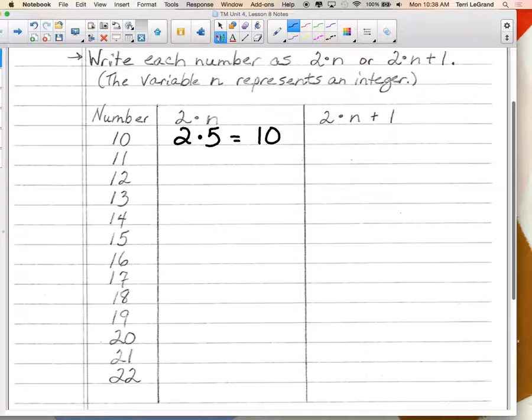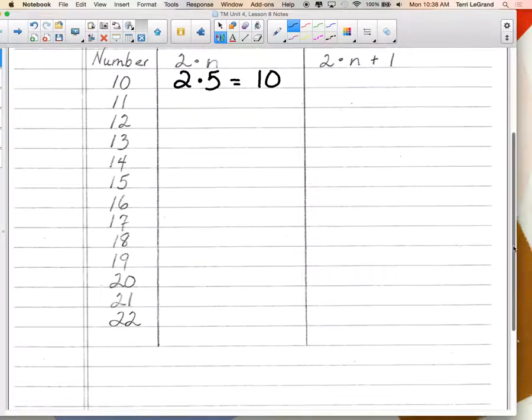How about 11? Can you think of anything that you could multiply by 2 and you would get 11? But remember, n has to be an integer. So think you got one, Wade? Well, I was thinking it would be the same as 2 times 5, but then you'd have to add 1, wouldn't you? So can we think of an integer though that you can just multiply by 2 and not have to add 1?